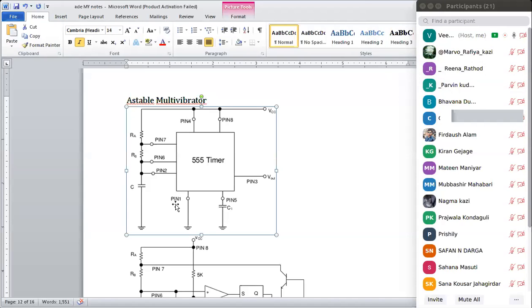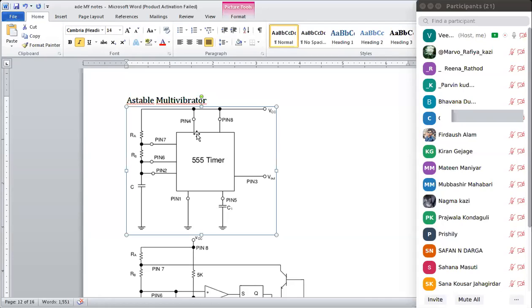The 555 timer is an 8-pin IC. Here is the pin configuration. Pin 1 is ground. Pin 2 is connected to the capacitor. Pin 6 is also connected to the capacitor. Pin 7 is in between RA and RB.